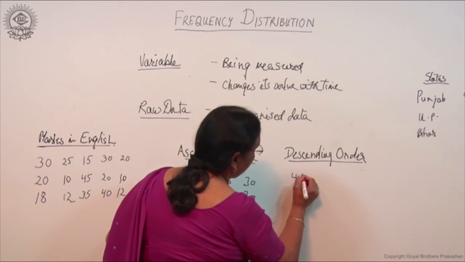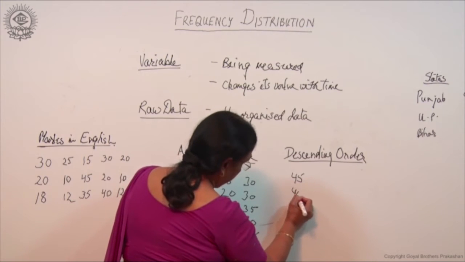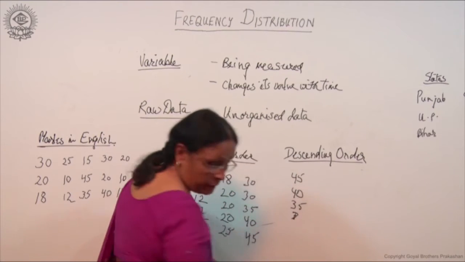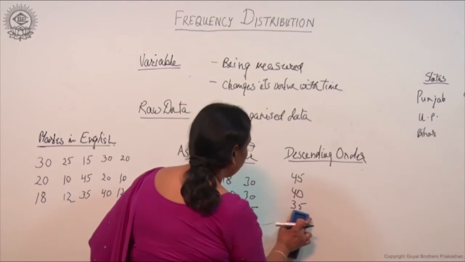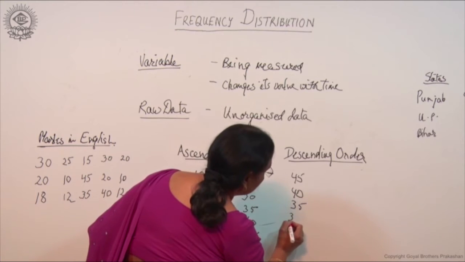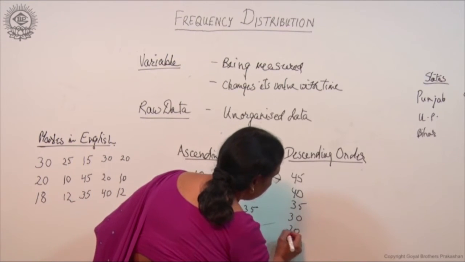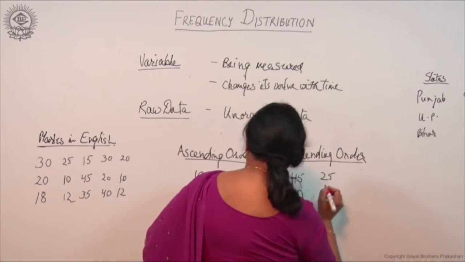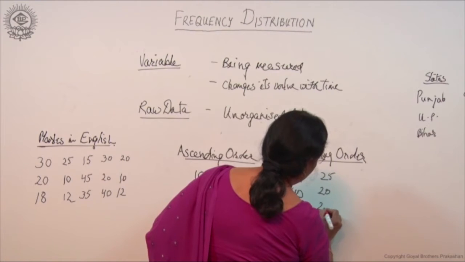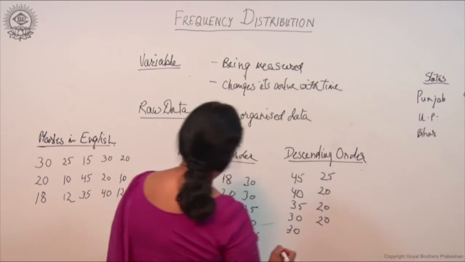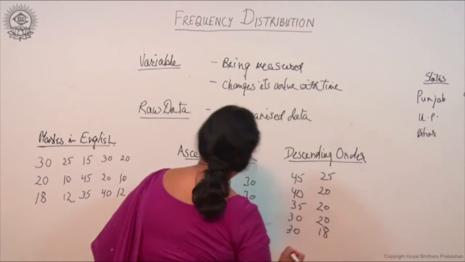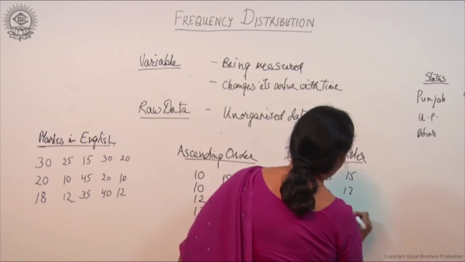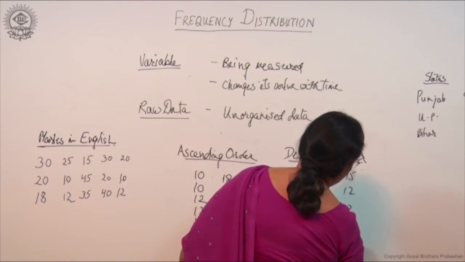Highest figure is 45, then second highest is 40, then 35, then this is 30, 2 times 30, and then we come to 25, 20, 20, again 20, then 18, 15, 12, 12, 10 and 10.